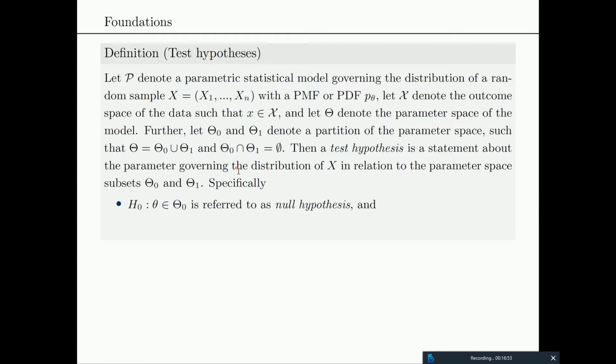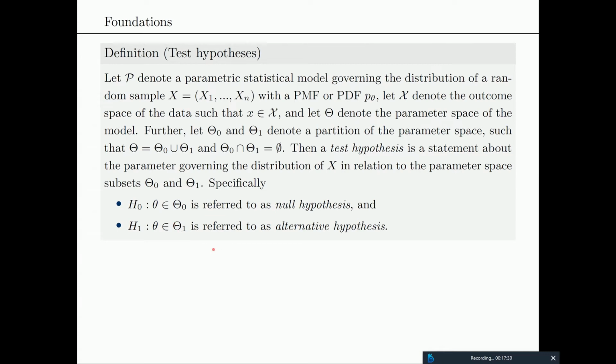A test hypothesis is then a statement about the parameter governing the distribution of the random sample in relation to the parameter space subsets Theta_0 and Theta_1. More specifically, H_0, stating that the true but unknown parameter is in the parameter subspace Theta_0, is referred to as the null hypothesis, and the statement that theta is in the parameter subset Theta_1 is referred to as the alternative hypothesis.